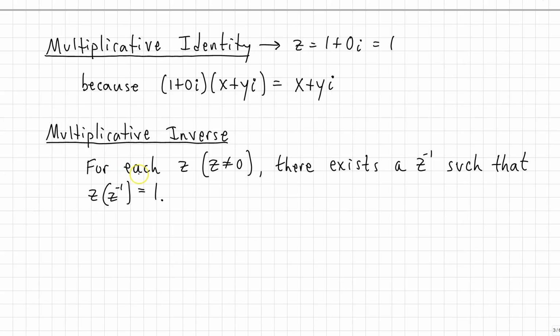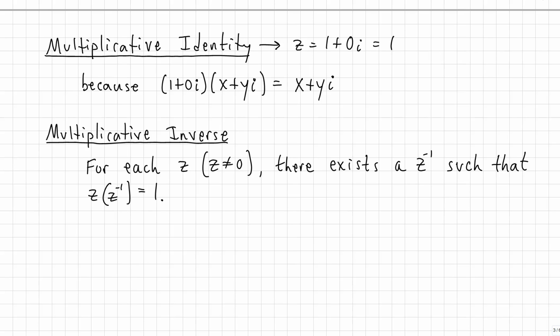Well, now that we have the multiplicative identity, we can define the multiplicative inverse. So if you take any complex number z, as long as it's not 0, there will exist a z to the negative 1, which we're going to call the multiplicative inverse, such that when you take z times its multiplicative inverse, you get positive 1. So in the real number system, we also call this a reciprocal.